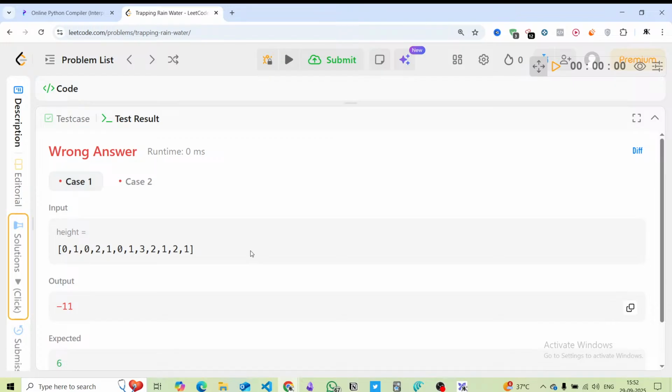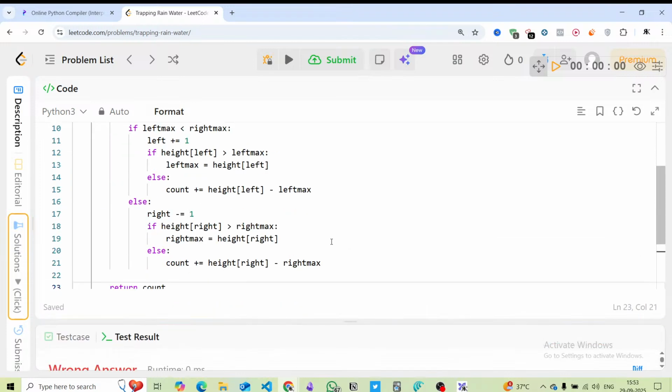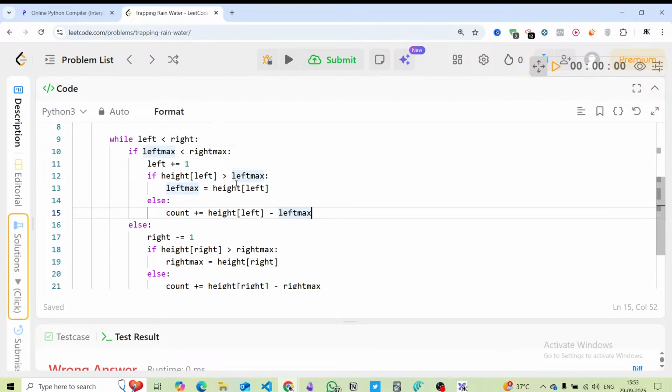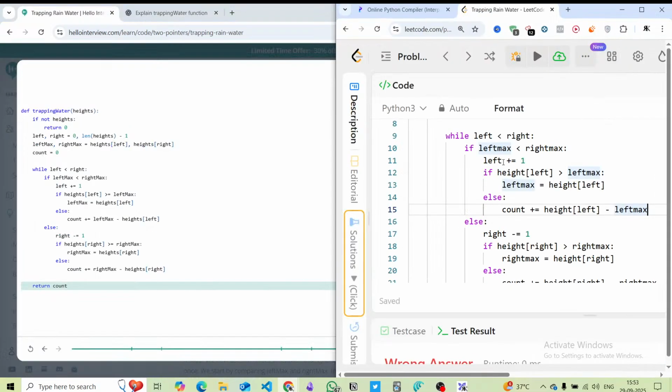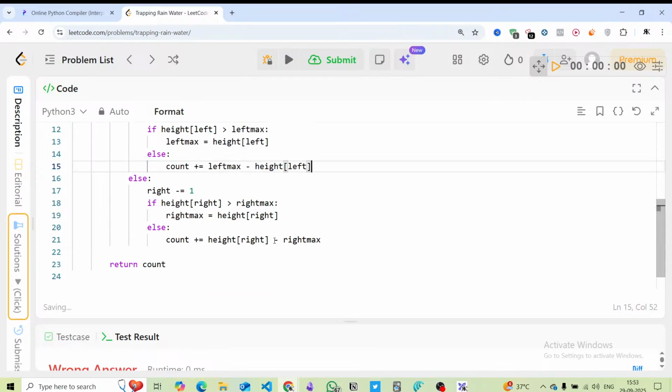Okay, so we have a wrong solution. I guess this will be the problem, right? So let's say if it's greater means, like, greatest value first.